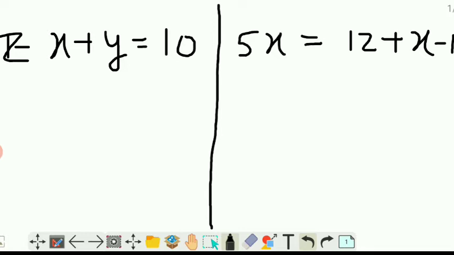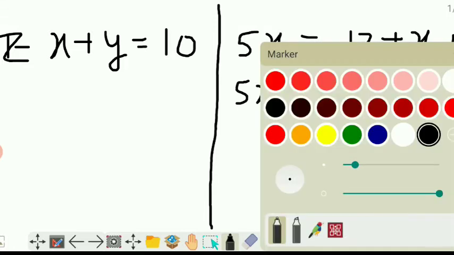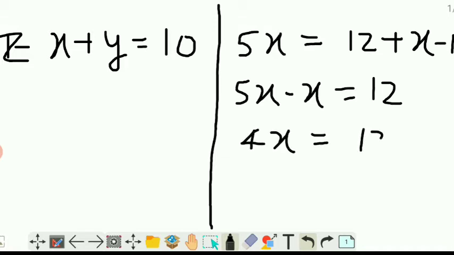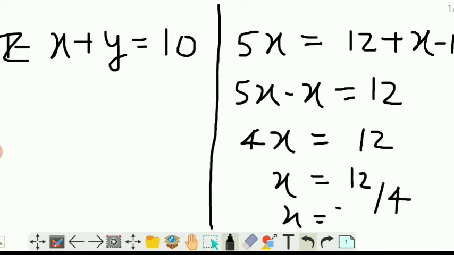How will we solve the one variable equation first? See, 5x = 12 + x. The x on the right side we need to transpose to the left side, so it will be minus, because it is positive on the right side. 5x - x, that is 4x = 12. Now we cross multiply, so x = 12/4, that is x = 3.